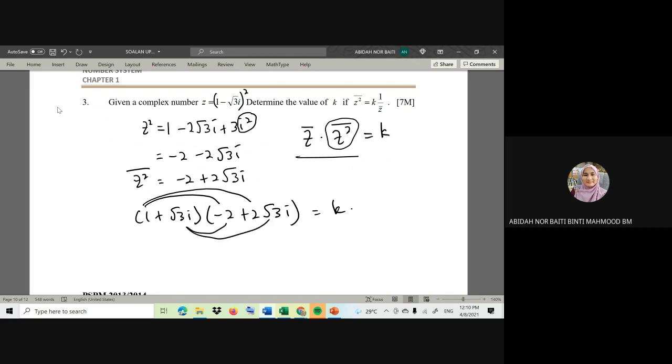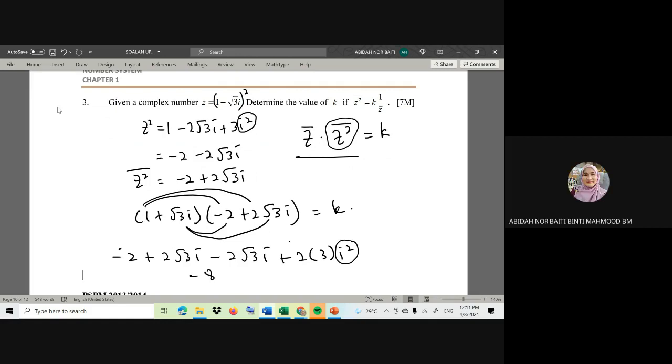So, minus 2 plus 2 root 3i minus 2 root 3i plus 2 times 3i squared. Okay, betul ni? Therefore i squared equals to -1. So -2 minus 6. -2 minus 6 is what? -8 eh?